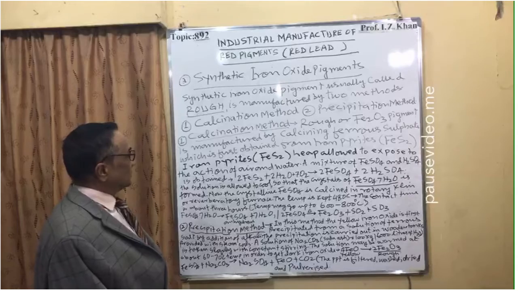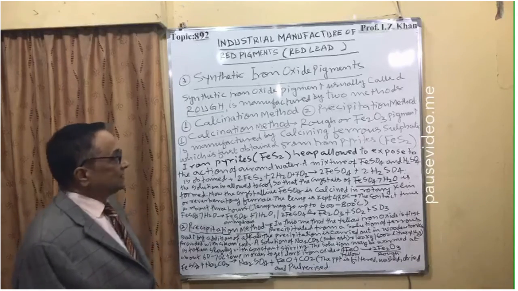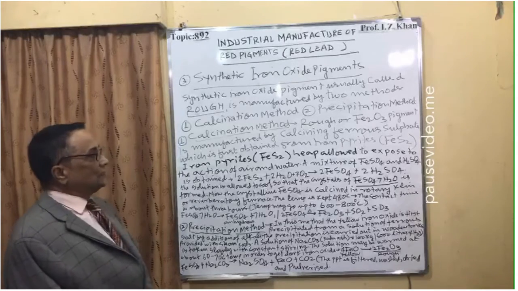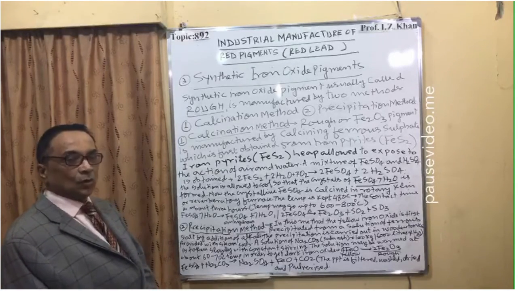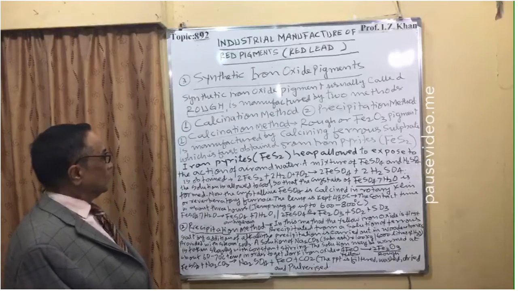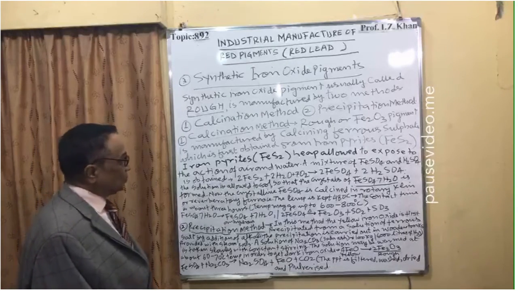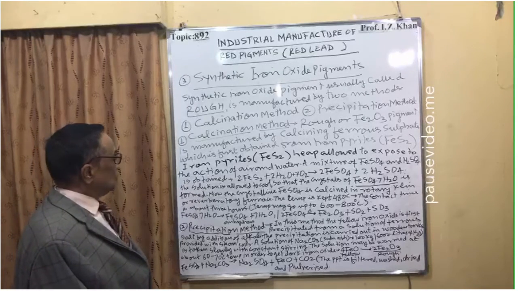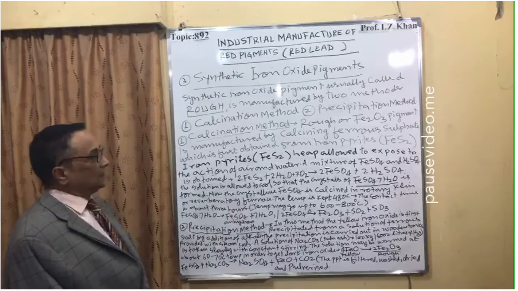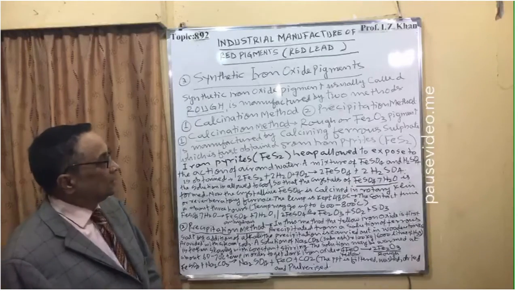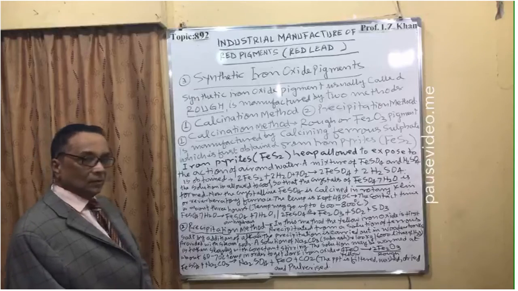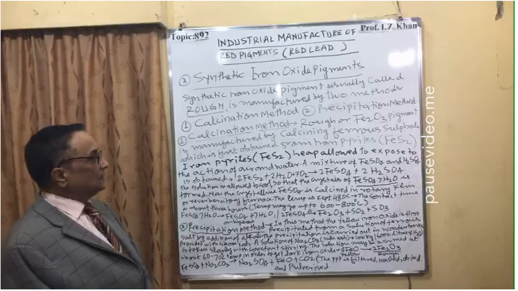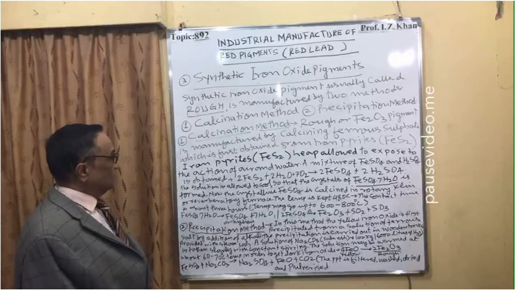The pigment is manufactured by calcining ferrous sulfate, which is first obtained from iron pyrite, an ore, FeS2. This iron pyrite FeS2 is exposed to the action of air and water so that it gets oxidized, and a mixture of ferrous sulfate and H2SO4 is obtained.